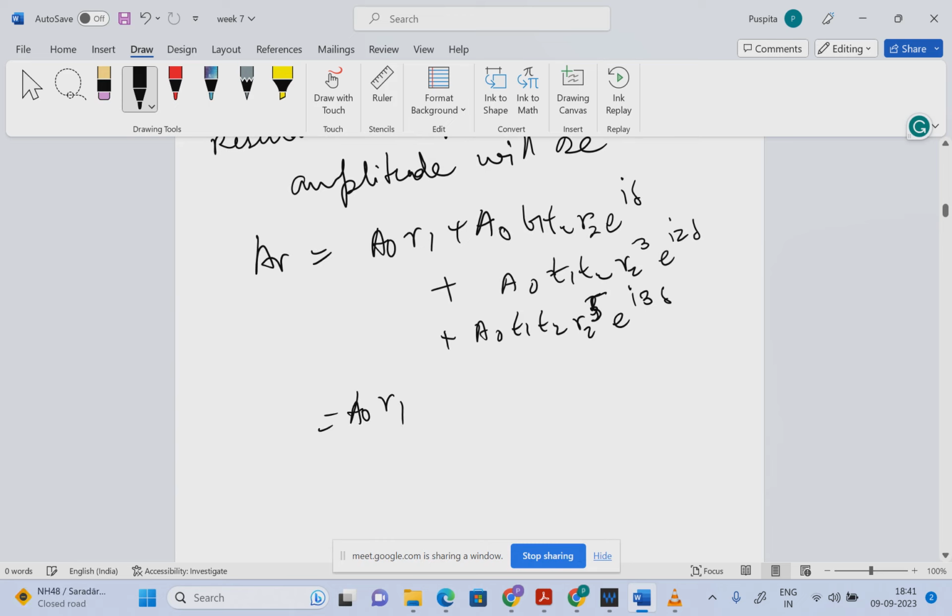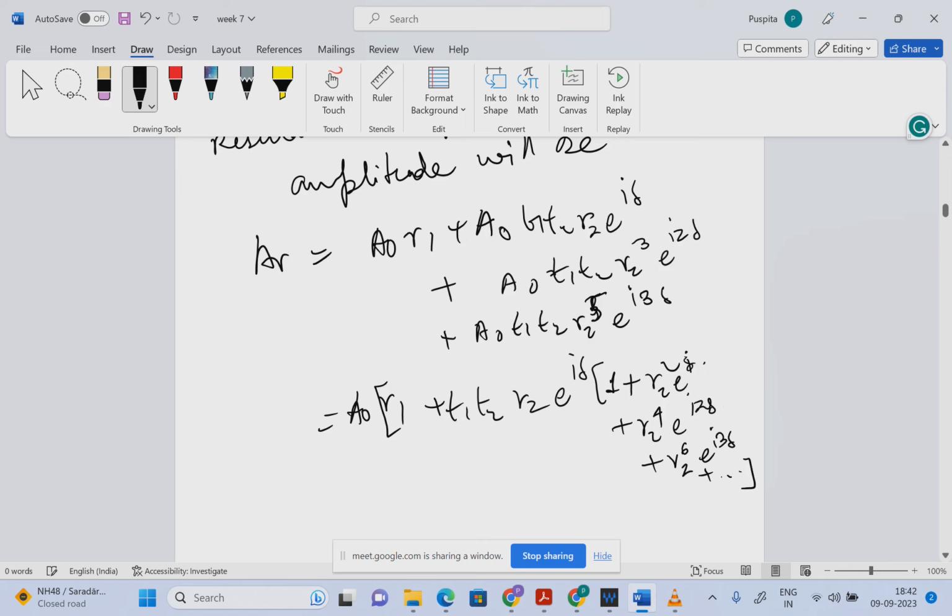Taking A naught as common: R1 plus T1 T2 R2 e to the power i delta times 1 plus R2 square e to the power i delta plus R2 to the power 4 e to the power 2i delta and so on.